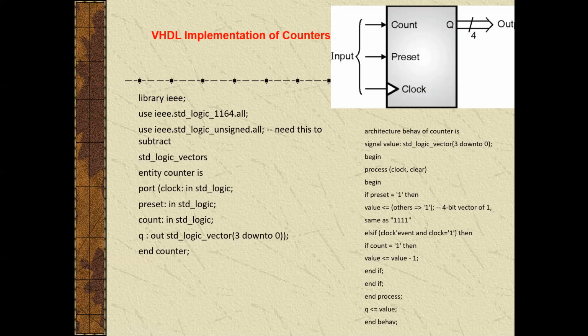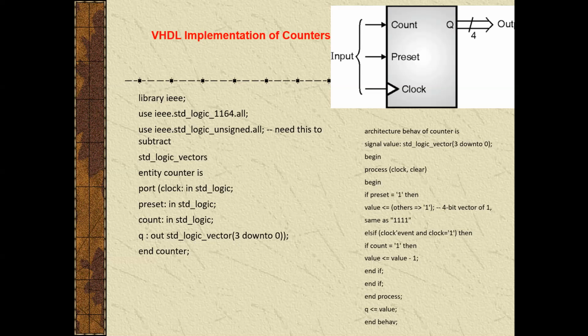We have to assign the signal value inside the counter, which is a 4-bit counter, and we have to assign the signal value as std_logic_vector, because for 4 bits we have to use a vector which is 3 down to 0.